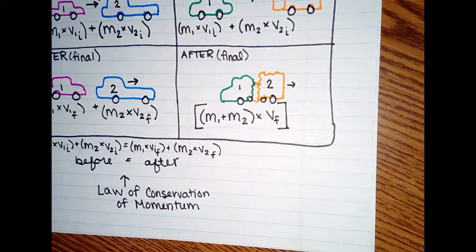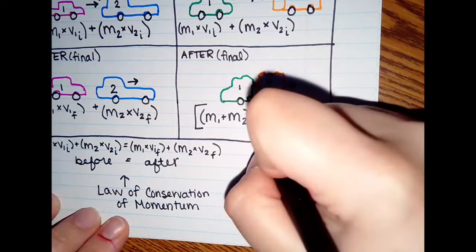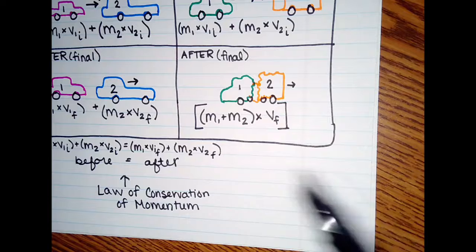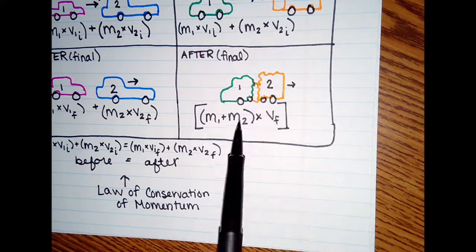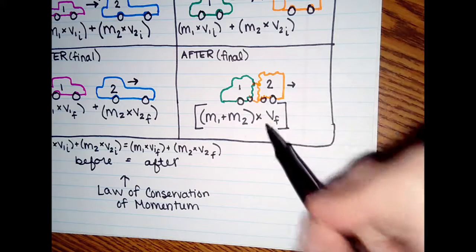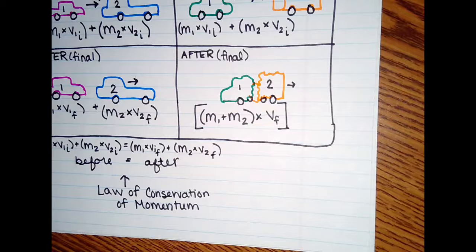That's it. Now we've got one clump. We don't have two situations. According to the law of conservation of momentum, before has to equal after. So you could set those equal to each other and actually figure out the final speed and what direction they're traveling in.